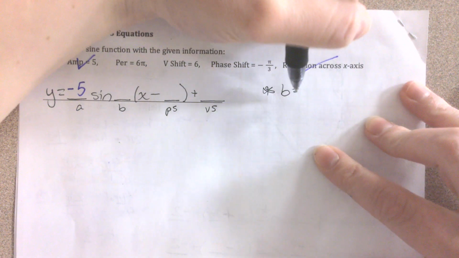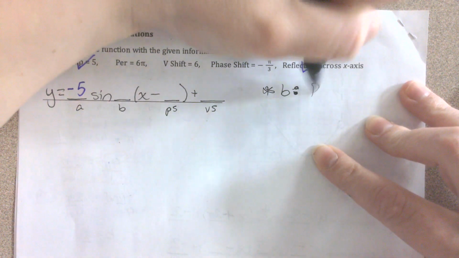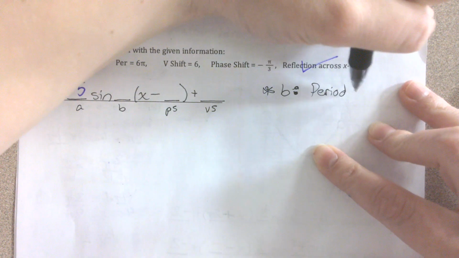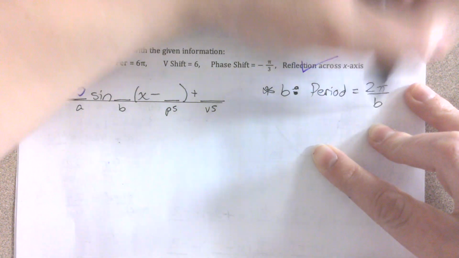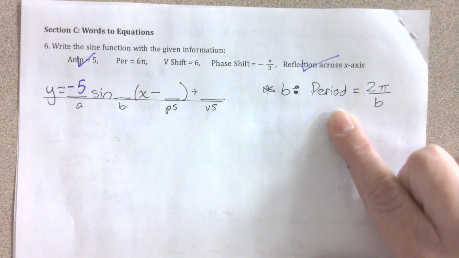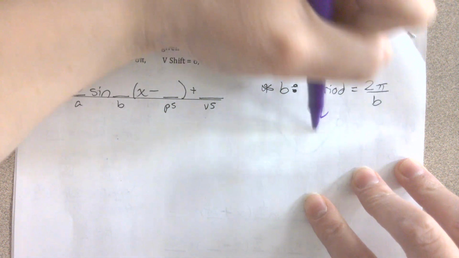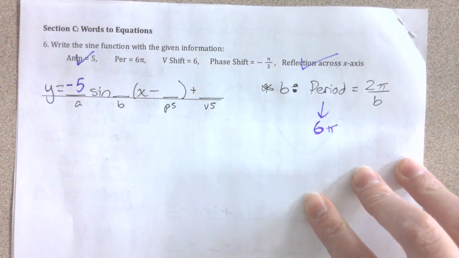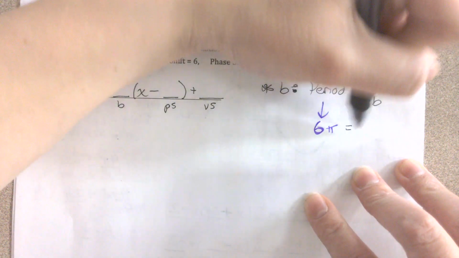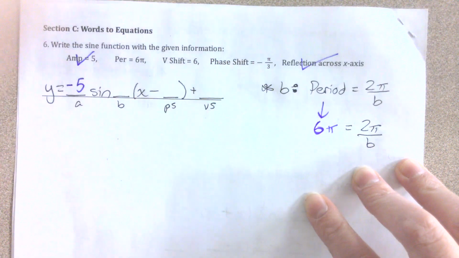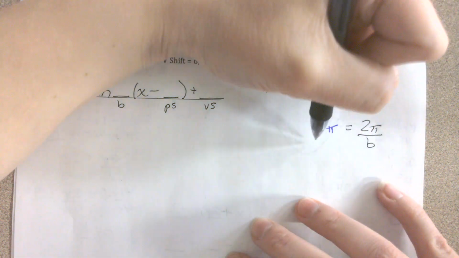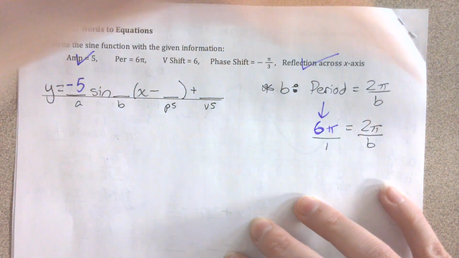To find B, we use period equals 2 pi over B. Period, we are told directly, is 6 pi. So 6 pi equals 2 pi over B. Solve, we're going to drop a 1 under 6 pi and cross multiply.